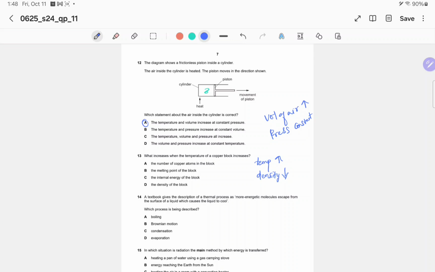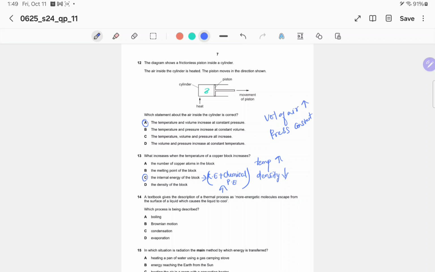That is the total amount of kinetic energy plus chemical potential energy. This will get increased, and they are proportional. So the internal energy of the block will increase as the temperature of the block increases.